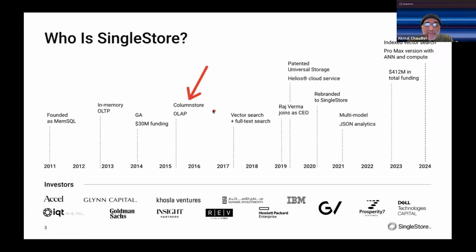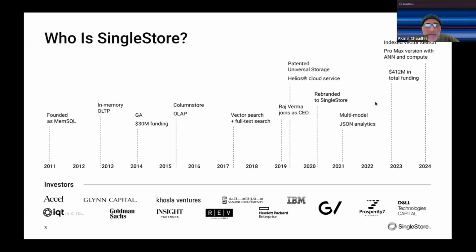So it made sense that you don't want to call yourself MemSQL anymore, because you're doing more than just in-memory processing. And so some years later, it was rebranded to SingleStore. The idea here is that you have one product with a single table type that can handle both types of processing, that is both OLTP and OLAP.